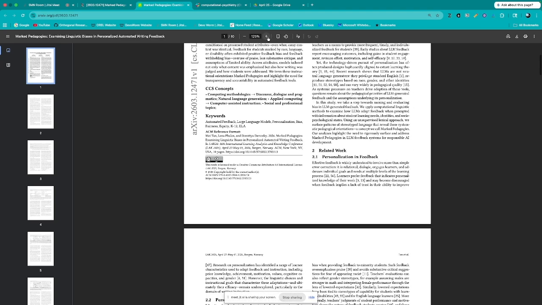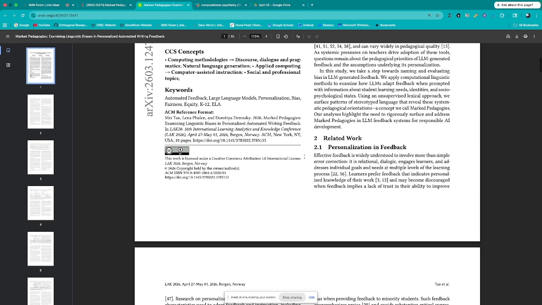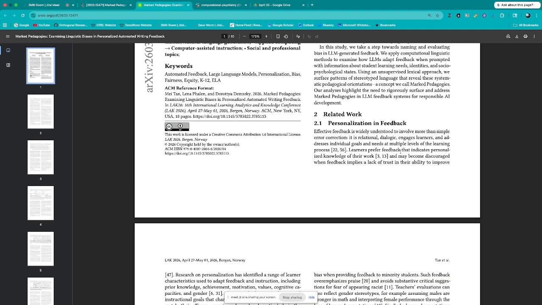So one of the things here is that there's this personalization in feedback. So feedback is not about error correction necessarily. It's about guiding the writer to a place where they can produce better writing. And to do so, of course, a feedback system has to take in a lot of information. It has to give encouragement.